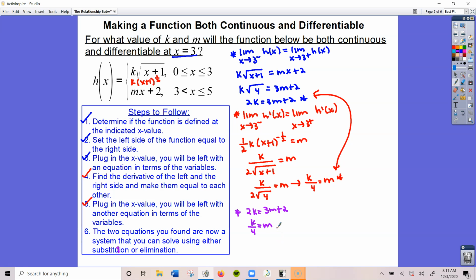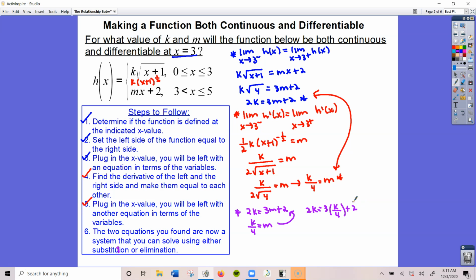Now you can choose to use substitution or elimination. As I said, in this particular case, I would use substitution because m is already solved for. So I can take k over 4 and plug it in for m. So therefore, we get 2k is equal to 3 times k over 4 plus 2.